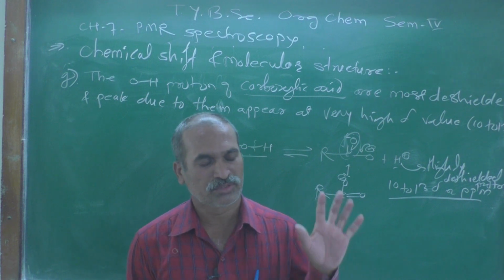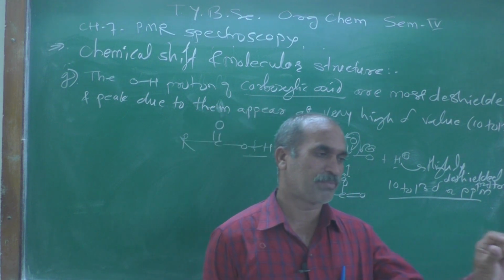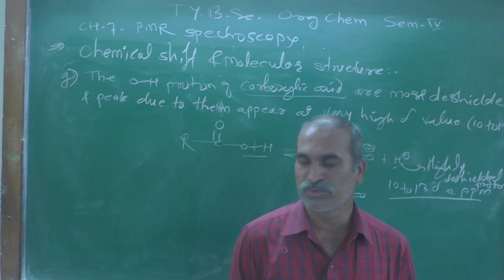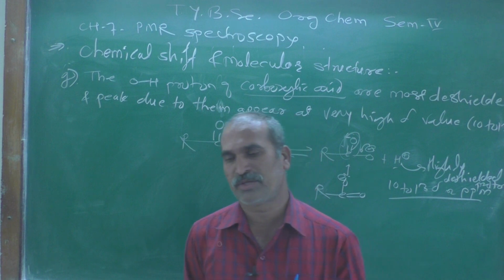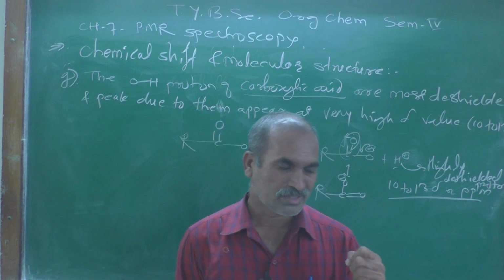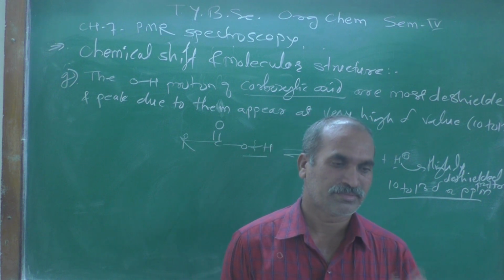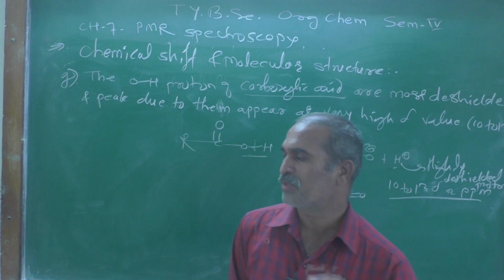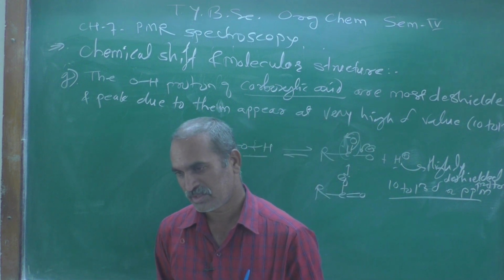If the chemical shift value appears around 5.5, 5.3, 5.2, or 4.5, it clearly indicates that olefinic protons are present.